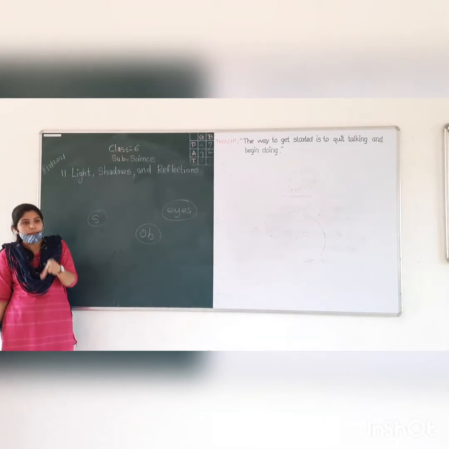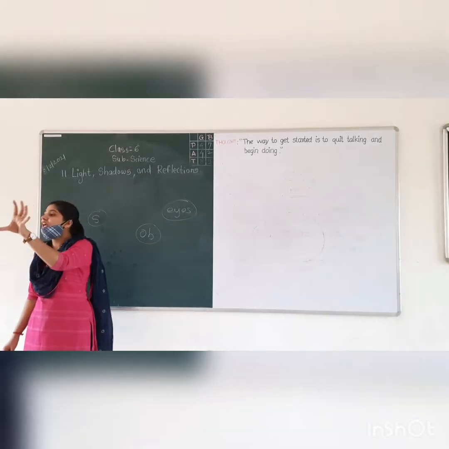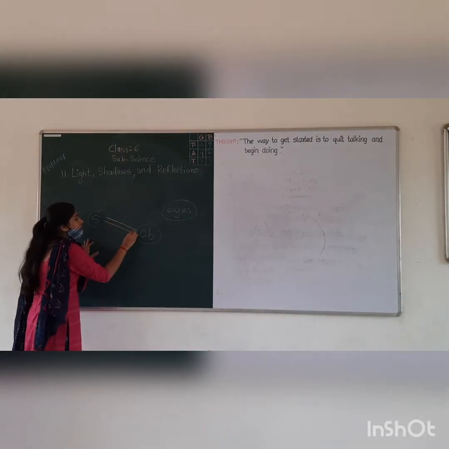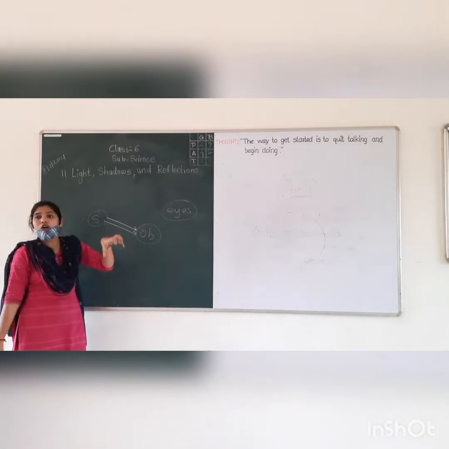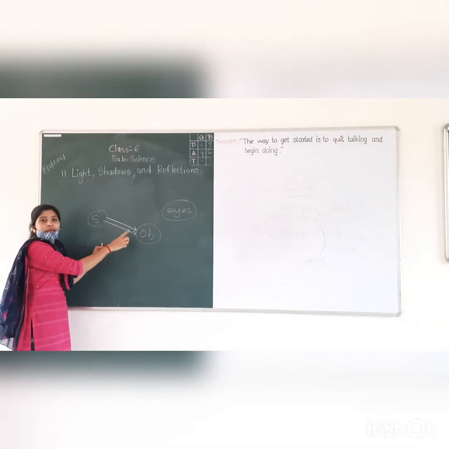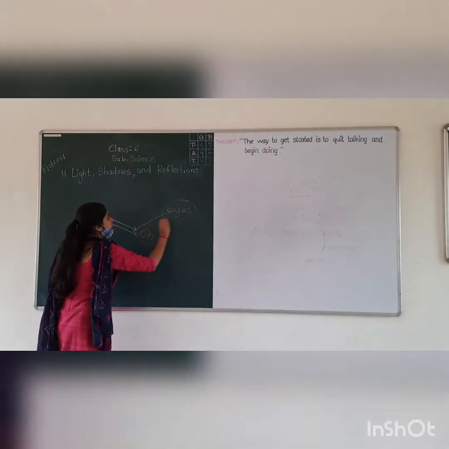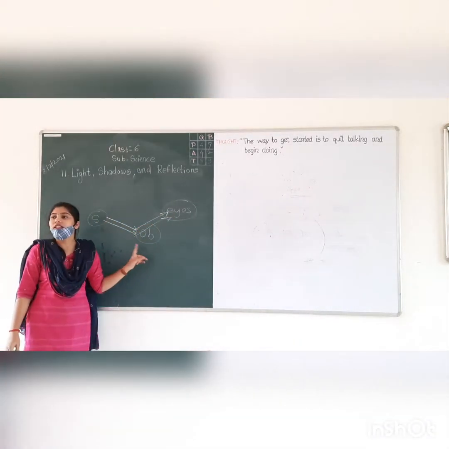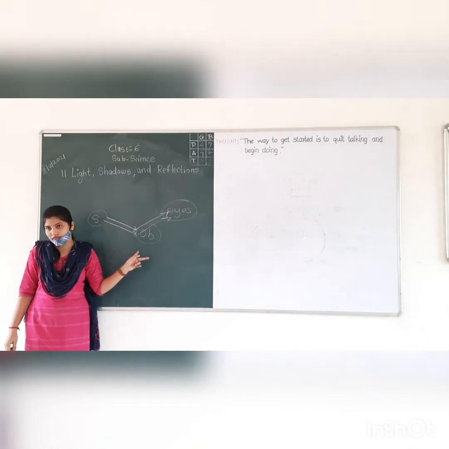What is actually happening when we are watching any object? First, light falls on the object. Then those same rays reach our eyes. Then only we can see the object. Understood?